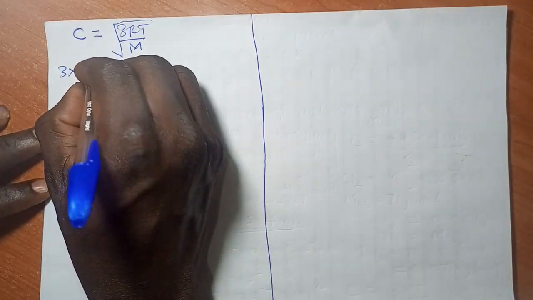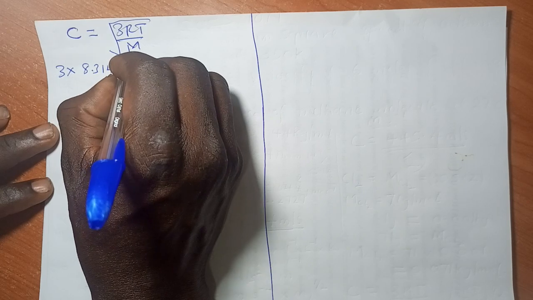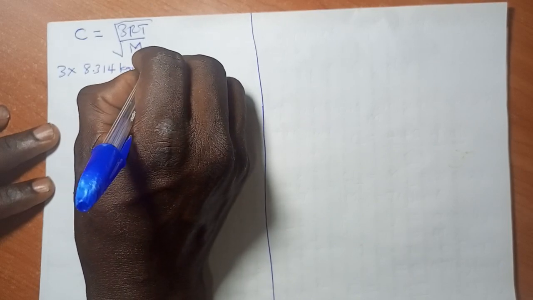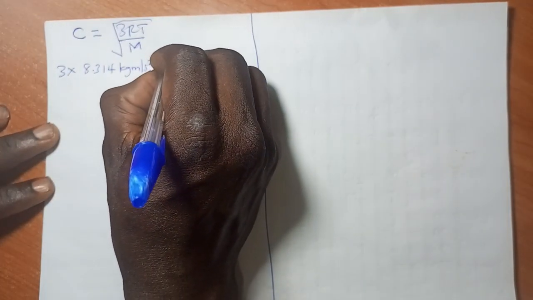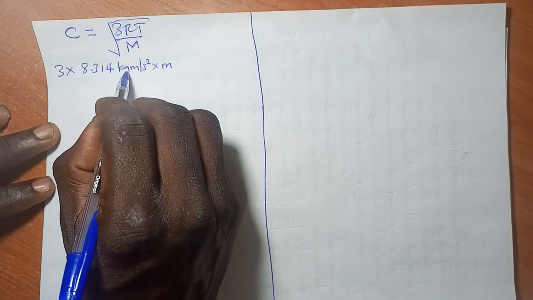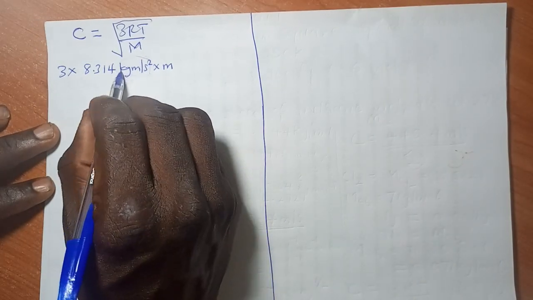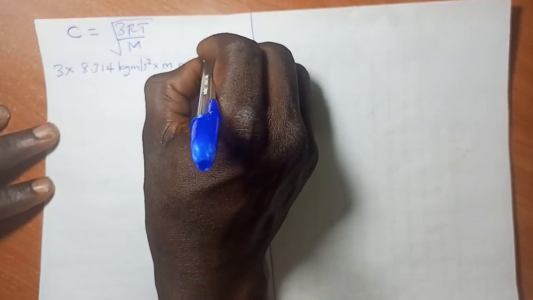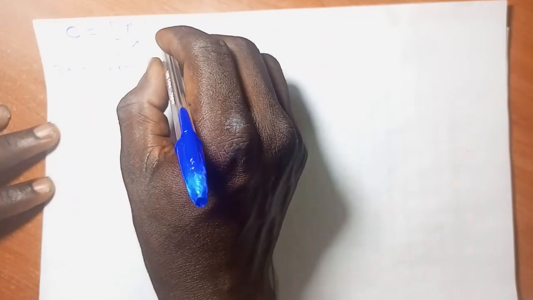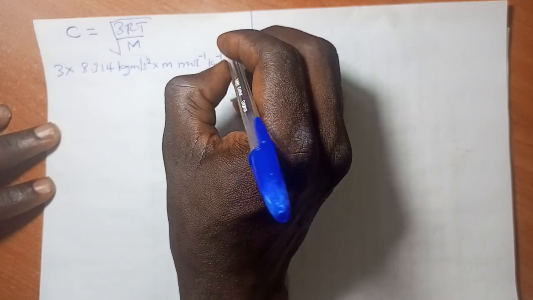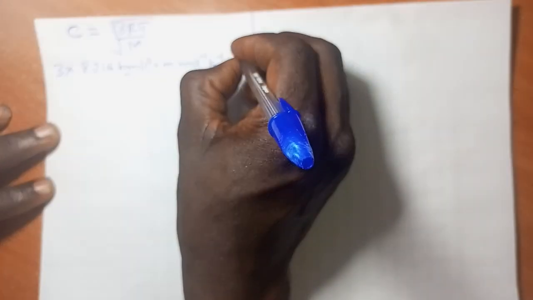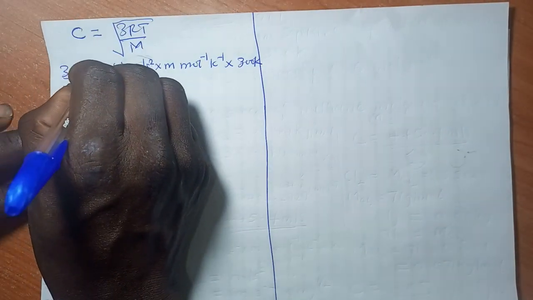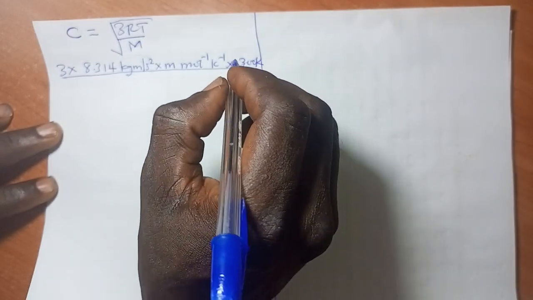Instead of putting Newton meter, I can use kilogram meter per second square times meter, per mole per Kelvin, times the temperature, which in this case is 300 Kelvin, divided by molecular weight.